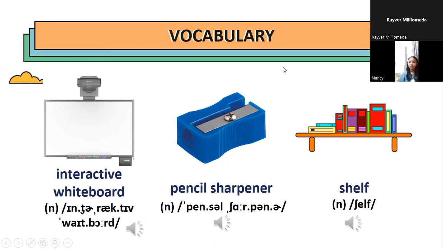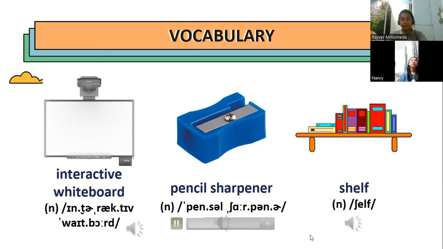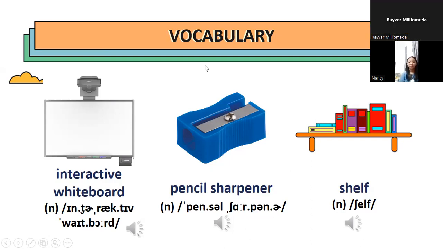And what do you usually put on the shelf? I put some books, and a mini sculpture. Ah, okay. What sculpture do you like keeping? It's about a cartoon. Ah, okay.